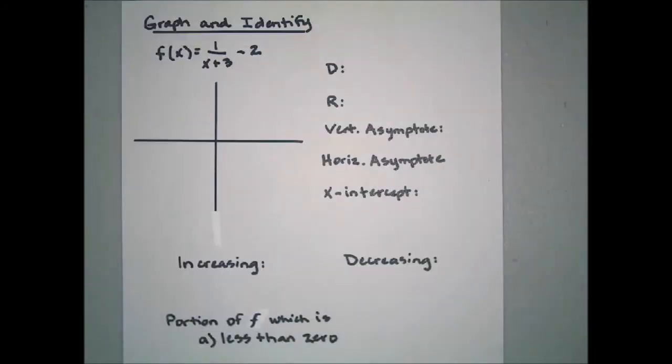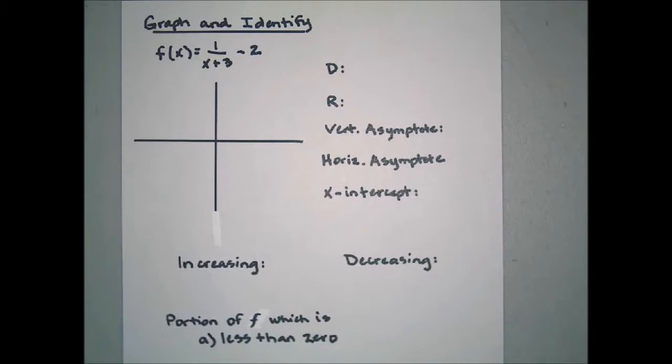The final problem is a very comprehensive graphing problem. It's the function 1 over x plus 3 minus 2. So the very first thing we're going to do is graph this function. Now, you can see that there are shifts both vertically and horizontally.